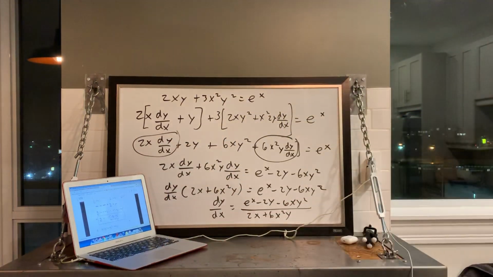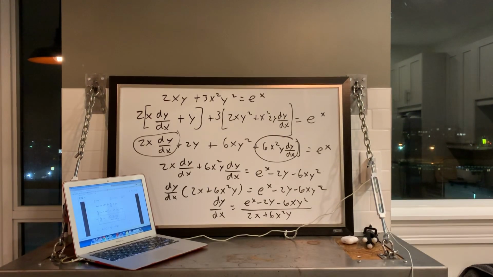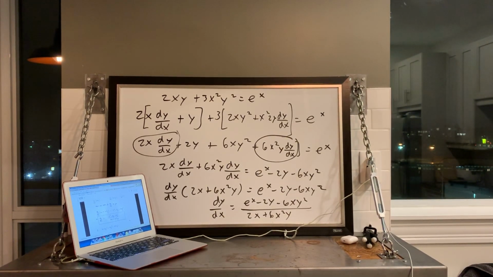So that would be the derivative implicitly when you solve for it.